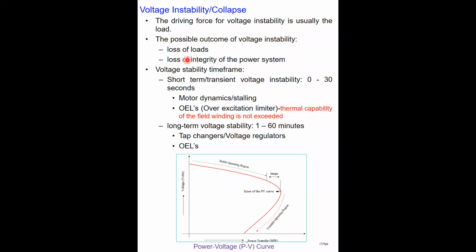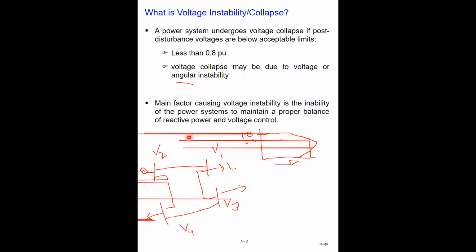And then once you have this situation, then the system integrity is lost. That means because you have the system operating in a synchronized way, if one of the buses experiences a voltage collapse, then this bus will get desynchronized from the remaining system, and as a result there will be unbalance in the remaining system as well, and it is possible that you come across even cascaded outage.